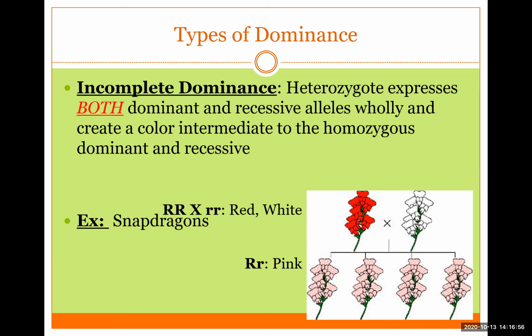Okay, so far? So our heterozygous individual, heterozygous means what? Different. That means they have one copy of the dominant and one copy of the recessive, right? So our heterozygous individual is pink.